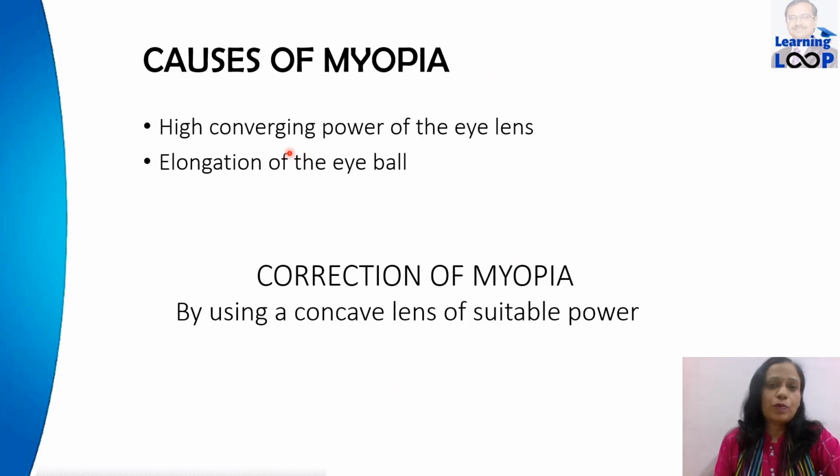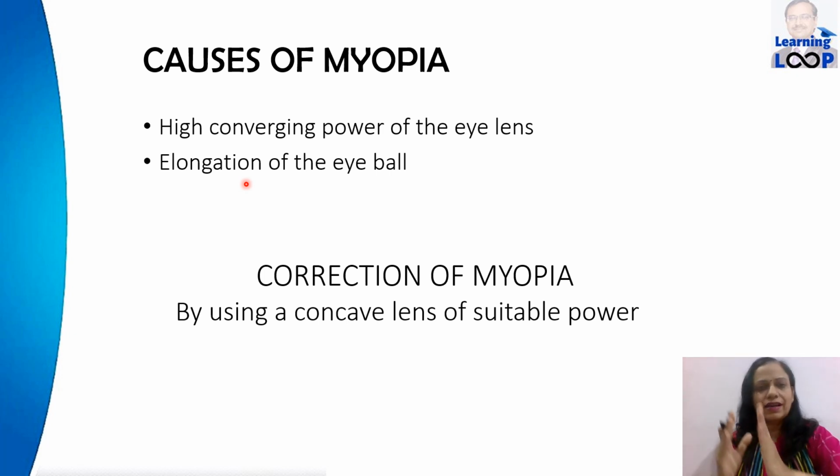The causes of myopia could be that the eye lens has a high converging power, because if the lens is converging the rays a bit too much, they will obviously converge earlier than where they are expected to meet. So the image will be formed in front of the retina. Or sometimes it is a genetic problem that the eyeball is a bit elongated.